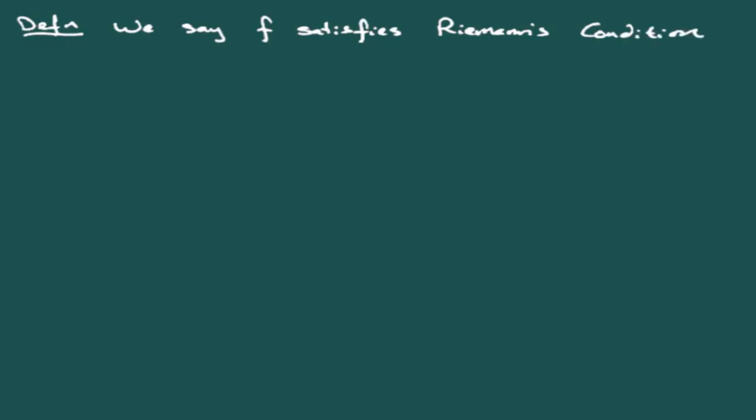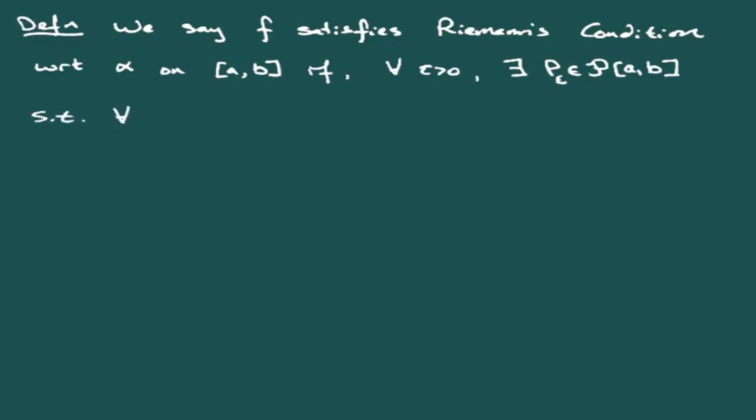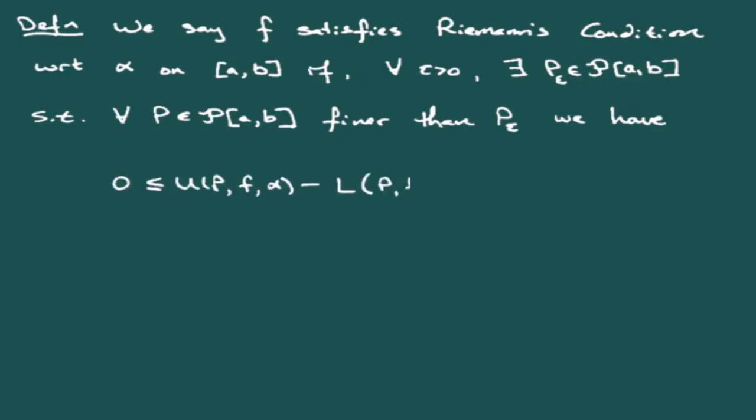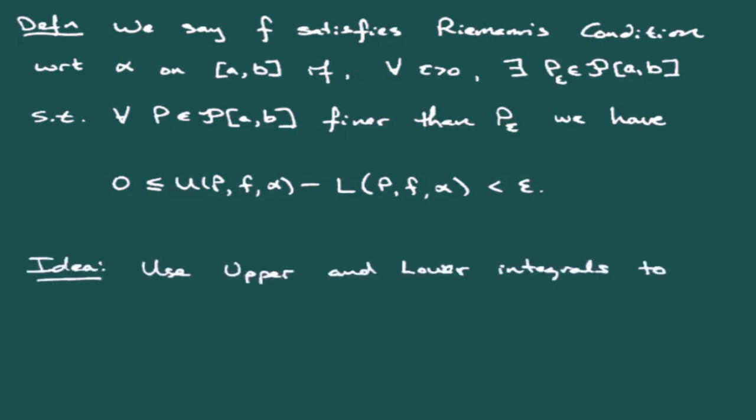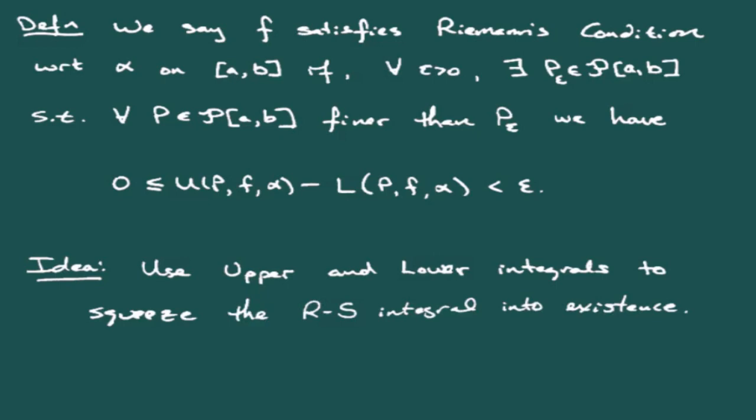So we say that a function f satisfies Riemann's condition with respect to alpha on a closed interval [a, b] if for every epsilon greater than 0 there exists a partition P_epsilon of [a, b] such that if P is any other partition that is finer than P_epsilon, then we have 0 is less than or equal to the upper Stieltjes sum with respect to P minus the lower Stieltjes sum with respect to P, and that difference is less than epsilon.